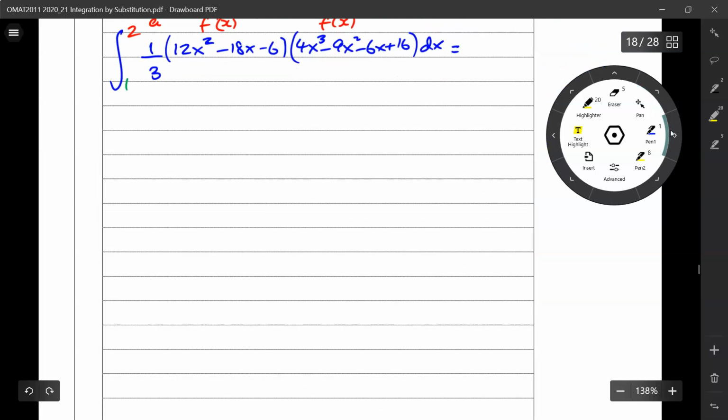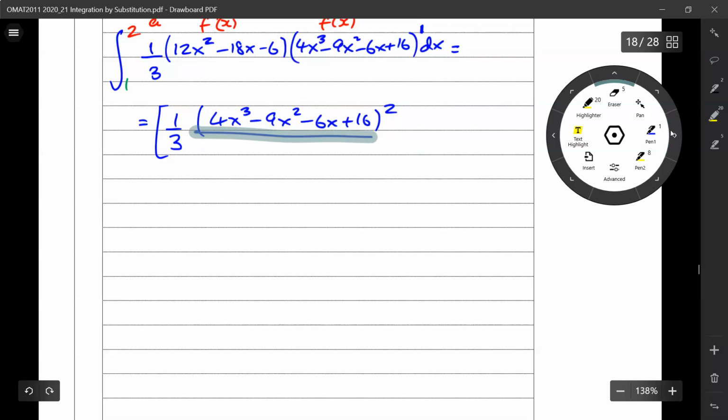That is equal to 1/3 times f at x, which is 4x cubed minus 9x squared minus 6x plus 16. The power up here is 1, so that becomes 2, and you're dividing by 2.